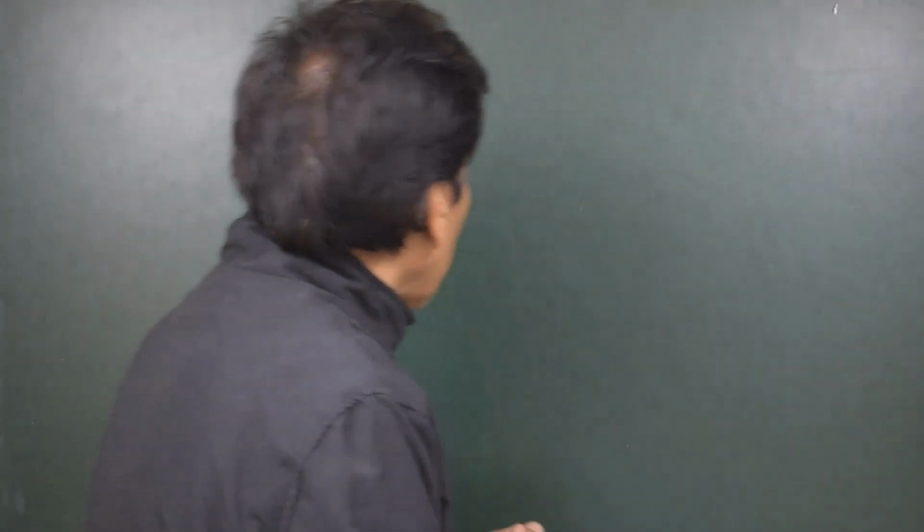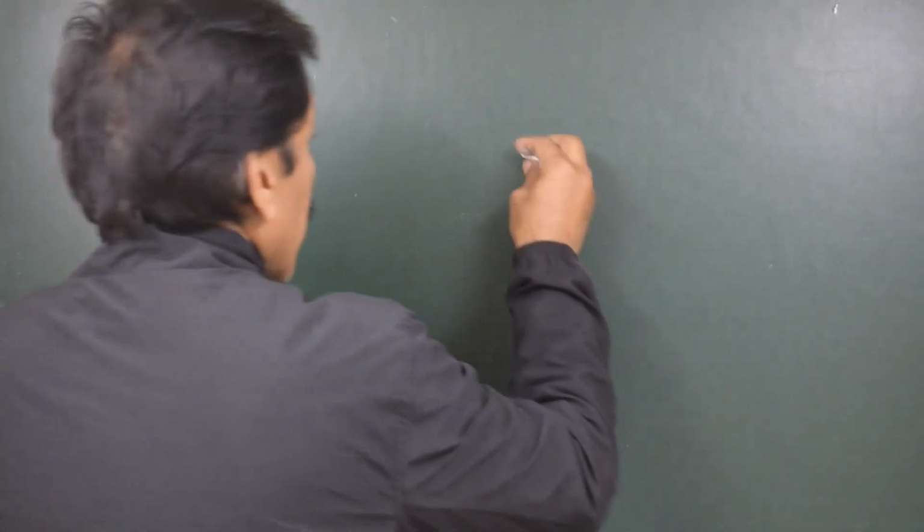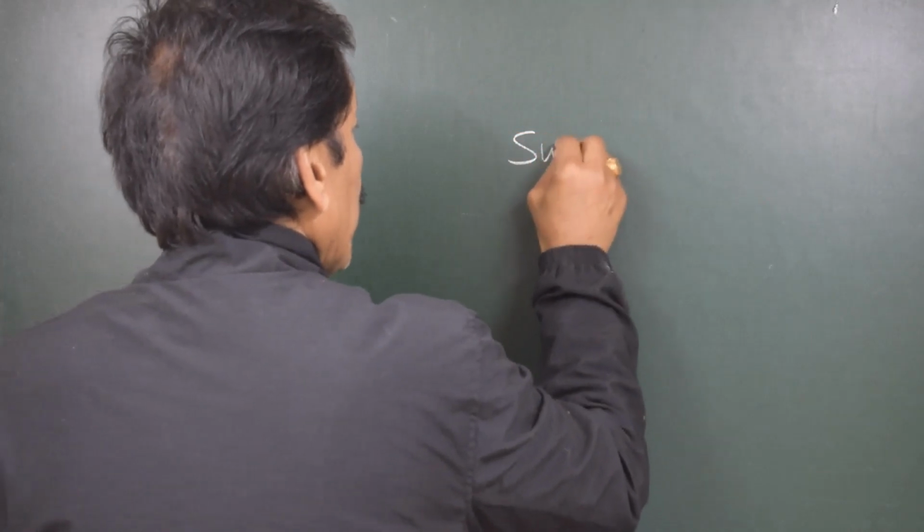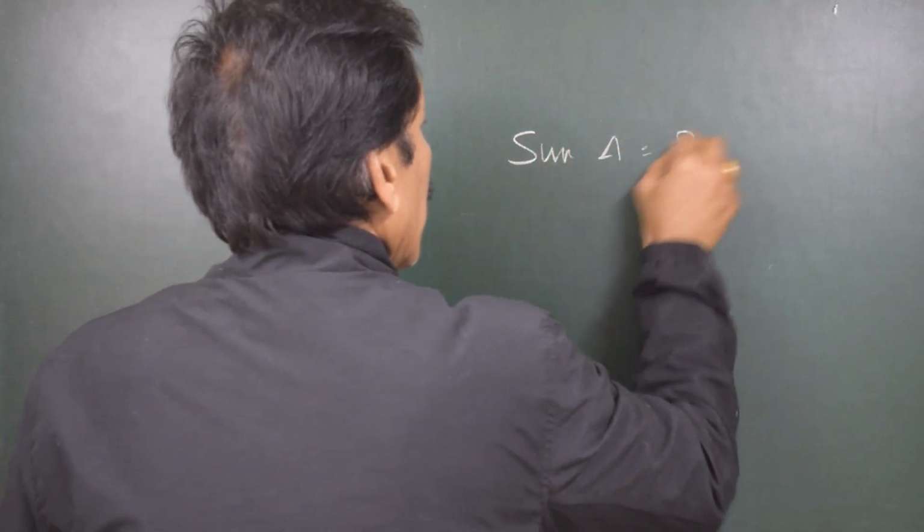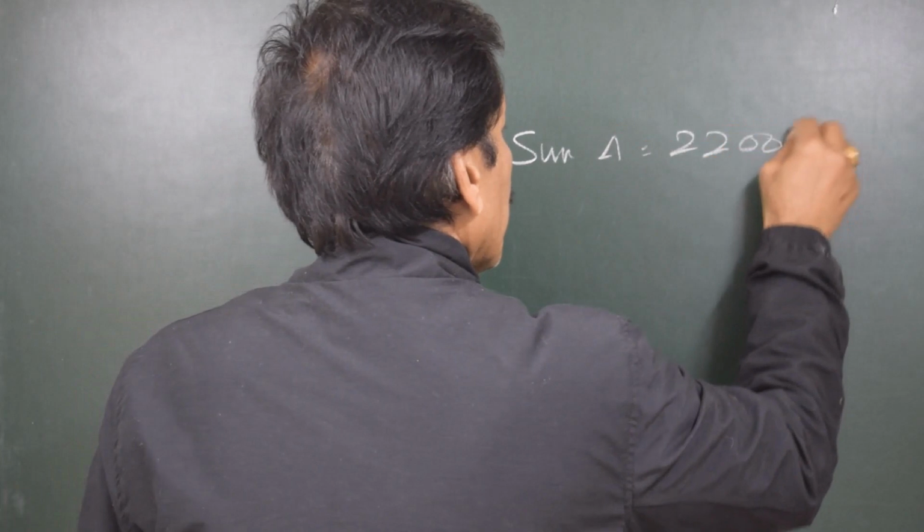Let us do one more question to understand the application of dock water allowance, how to find out dock water allowance from the freshwater allowance, and also how much you have to load in dock water so that when you go to the summer zone, when you go to salt water, you are appropriate for the load line mark. So let's consider a question like summer displacement, let's say 22,000 tons.